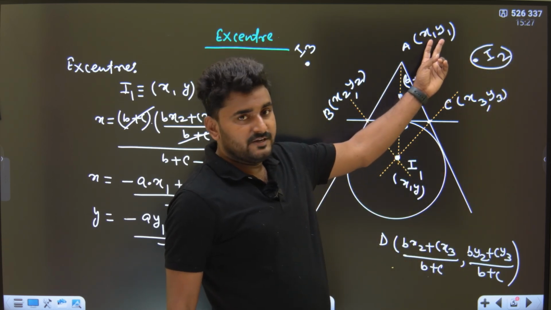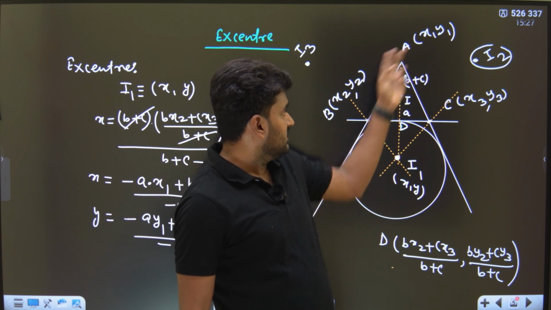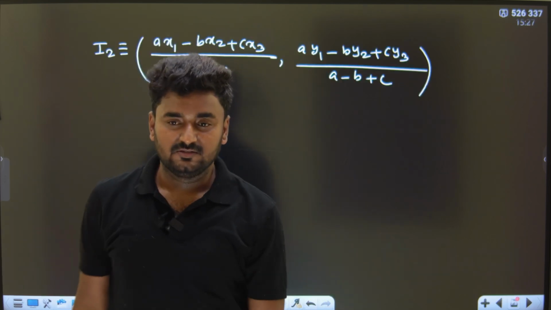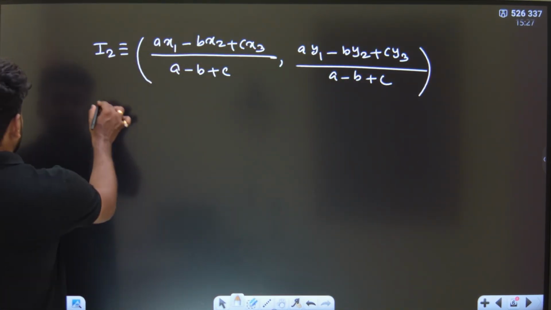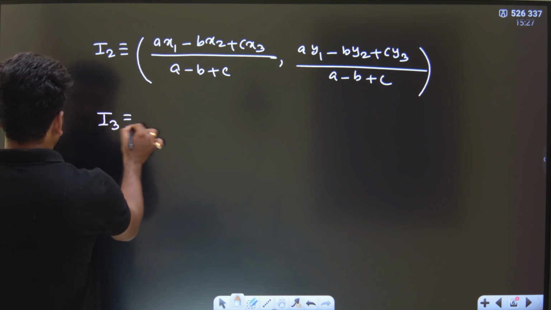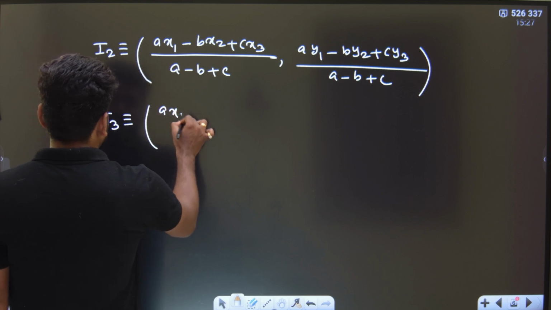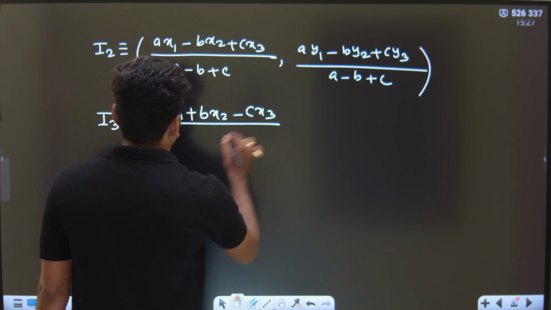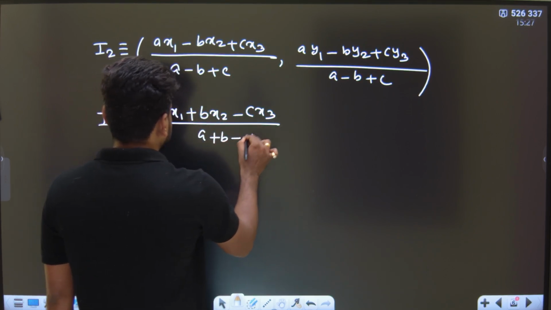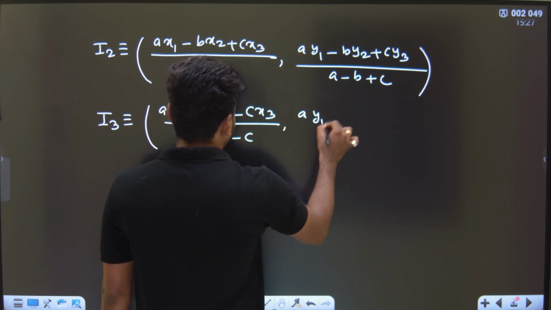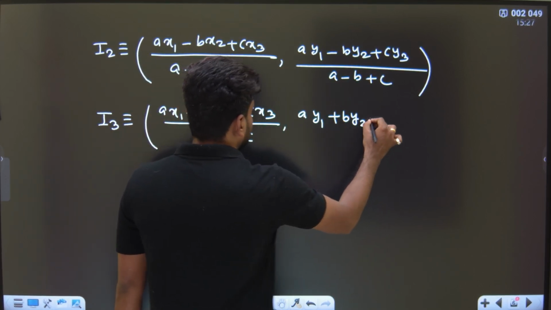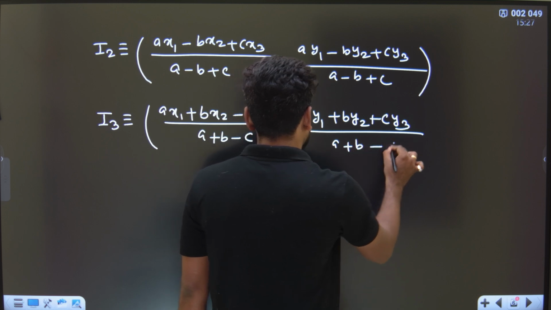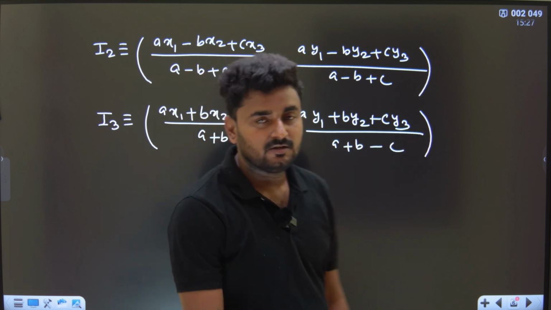In place of x1 y1, you can replace the points x2 y2 and x3 y3, and you can get I2 and I3. Similarly, if you find I3, it will be (Ax1 plus Bx2 minus Cx3) whole upon (A plus B minus C), and (Ay1 plus By2 minus Cy3) whole upon (A plus B minus C). So this is our three Excentres we found.